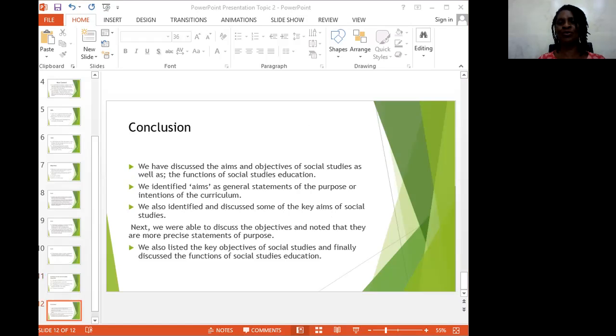Remember, we said aims are general statements of purpose or intentions of the curriculum. Then what did I say objectives are? Objectives are more precise statements of purpose.